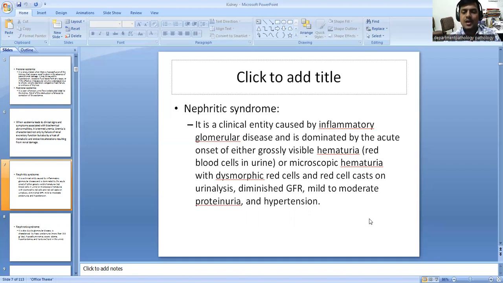Diminished GFR, mild to moderate proteinuria and hypertension.